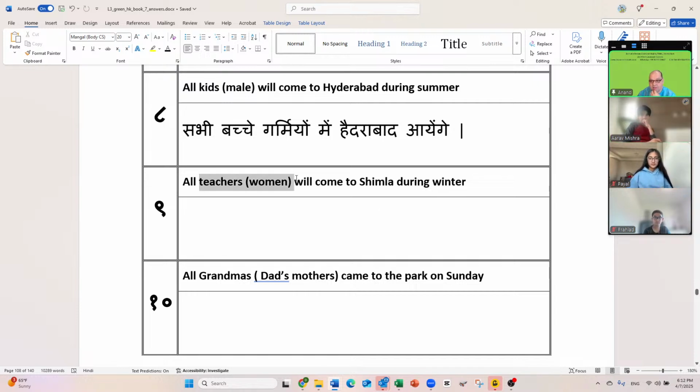Yeah, आएंगे. सभी शिक्षिकाएं सर्दियों में शिमला आएंगी. आएंगी because they are women, right? It says in the sentence, all women. So you have to look at that, okay? सभी शिक्षिकाएं सर्दियों में.